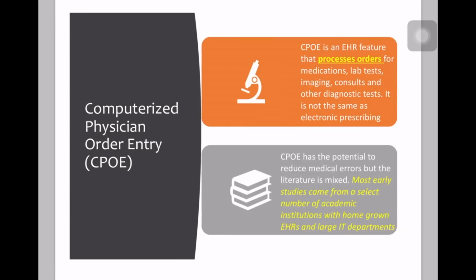So CPOE is an EHR feature, a special component that processes orders for medication, lab tests, imaging, consults, and other diagnostic tests. It is not the same as electronic prescription. You see what happens when you go to a doctor. The doctor diagnoses you, the doctor prescribes for you.